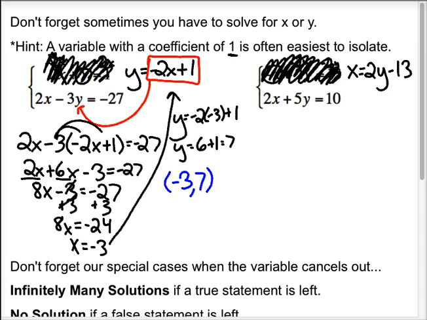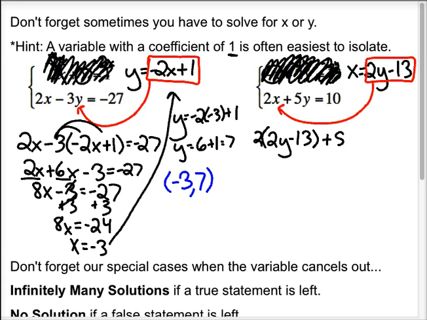Once I have that variable by itself, now I can start doing the substitution. So I'm going to put a box around what I'm substituting, and it's going in for the x. So 2x, which is the same thing as 2 times 2y minus 13, plus 5y equals 10. So I'm going to distribute that too.